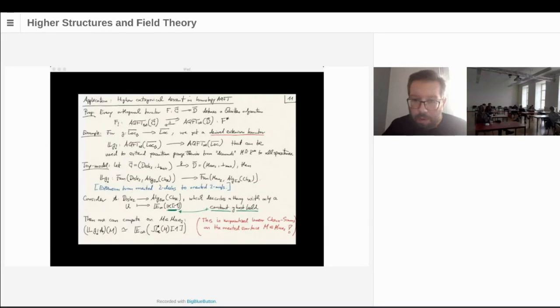Now, application. I want to show you, as promised, the last one, and then I'm stopping. I want to show you one more example where you see that derived functors are really, really useful for doing funny things in gauge theory. Remember from yesterday's lecture that a functor between orthogonal categories gives you an adjunction between AQFT categories, for example the extension restriction adjunction, which we had.